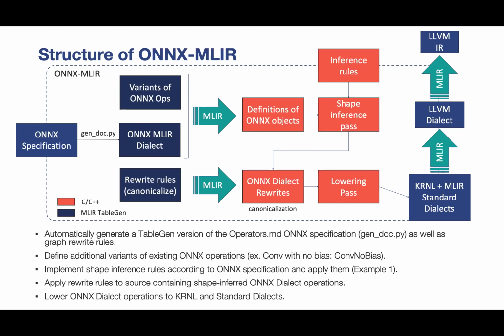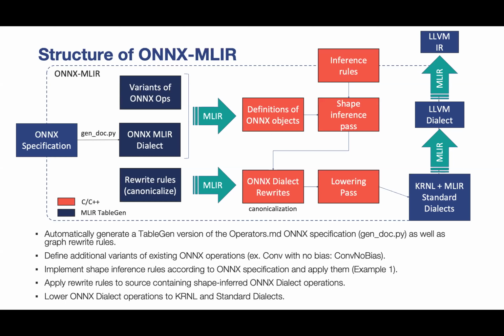So we absolutely leverage all that functionality to define our operations, as well as to define transformations of these operations. So we have an ONNX dialect, which captures the semantics of the ONNX specification.